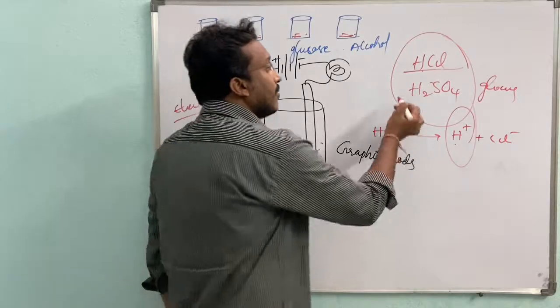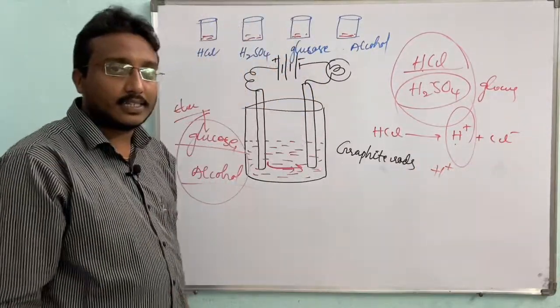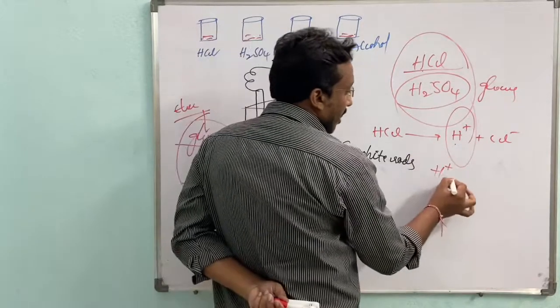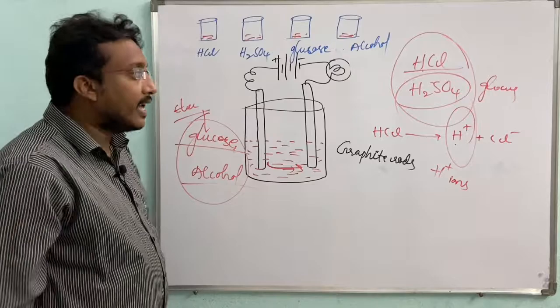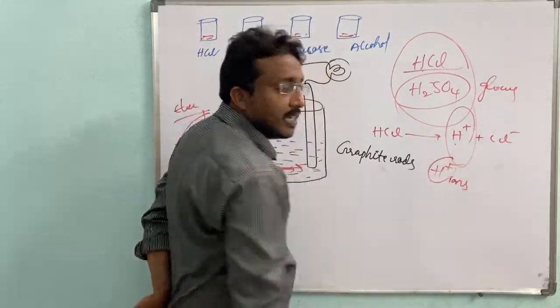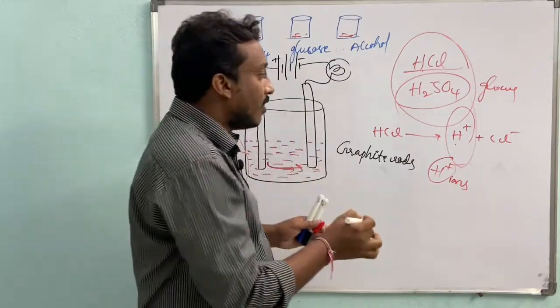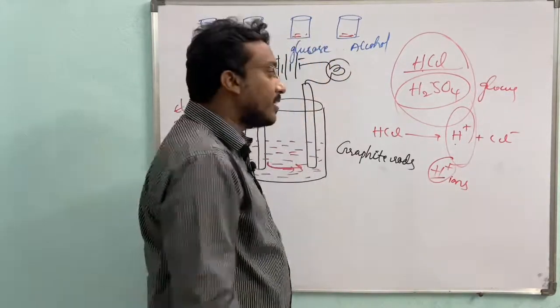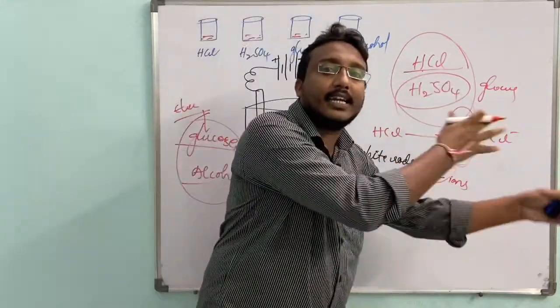Okay, in the same way in H2SO4 also H plus ions are released. Okay, H plus ions. Got it? Right? These H plus ions cause the electricity to flow. All the acids consist of H plus ions. Because of these H plus ions, the acids gain the acidic nature.